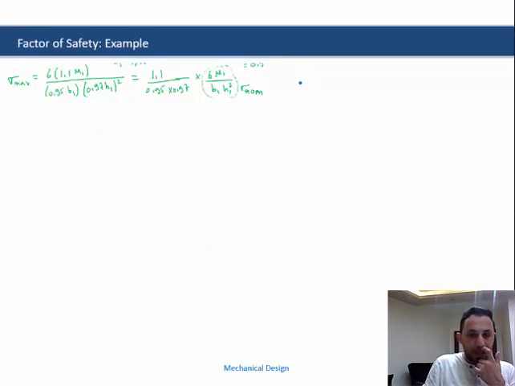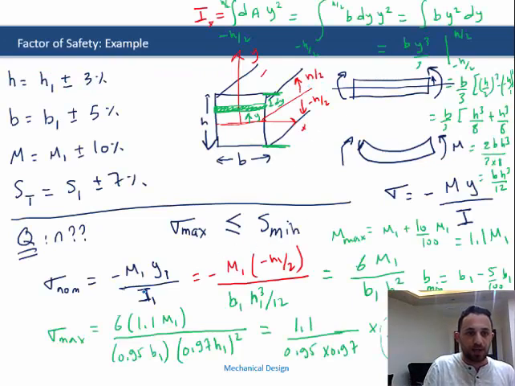And we notice that the worst strength will be the minimum. So we should be taking the minimum tensile strength. So we'll be taking minus 7% of the actual or nominal strength.